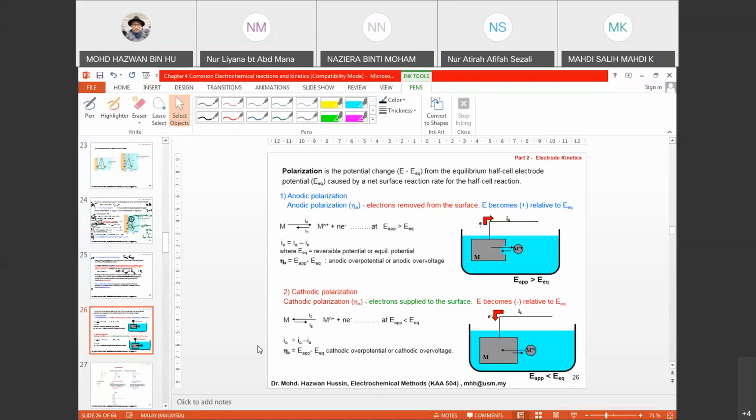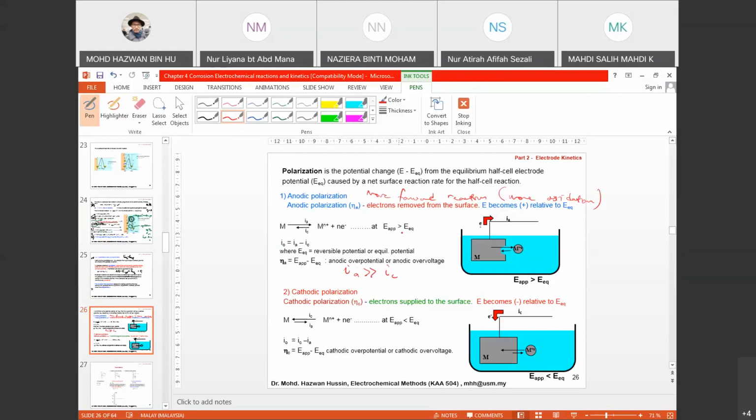So we have two modes of polarization. We can have anodic polarization. Anodic polarization means that you have more forward reaction. More forward reaction means that you have more oxidation process. Then you will see over here, the anodic current density is actually greater than cathodic current density.